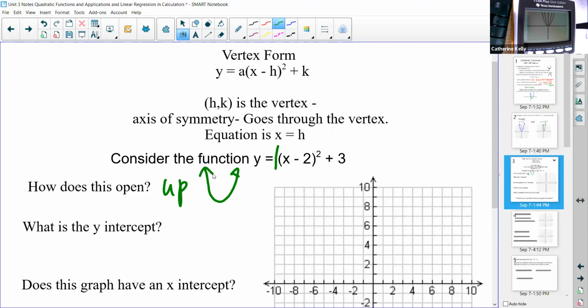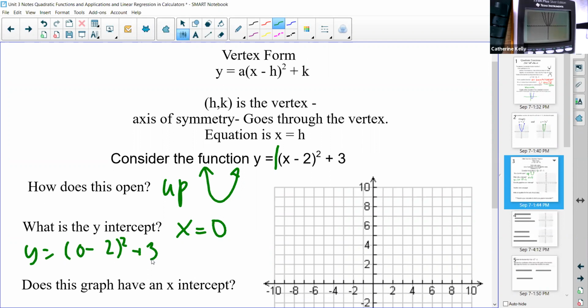What is the y-intercept? In order to find the y-intercept, x has to be equal to 0. So when x equals 0, we get the y-intercept. I'm going to plug in 0 for that. So I get y equals (0 minus 2) squared plus 3.